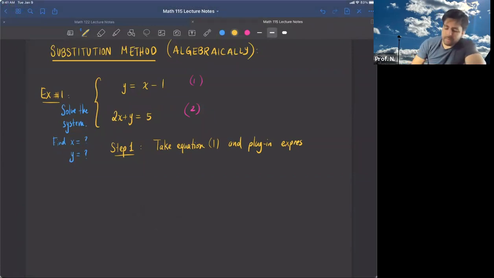So plug in the expression for y in equation 2.